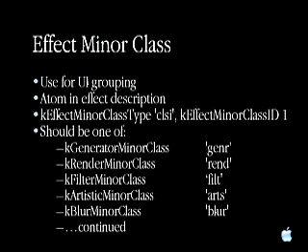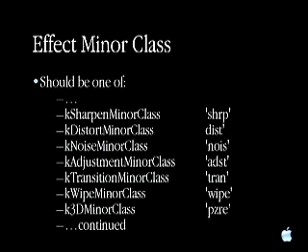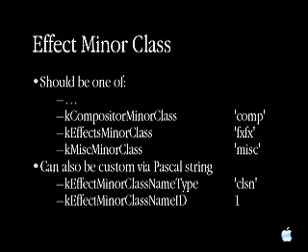So here's some, and here's some more, and here's some more. And once again, if you don't tell us what kind of minor class you are, then you're miscellaneous. If you aren't happy with these, unlike the major class, the minor classes can be extended by the effect. You can supply a custom string that corresponds to your minor class's name.